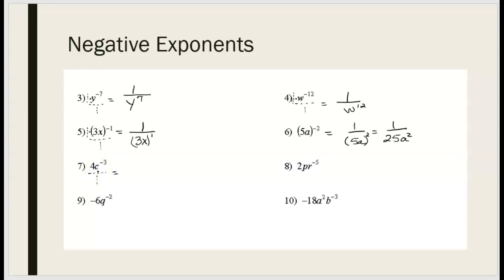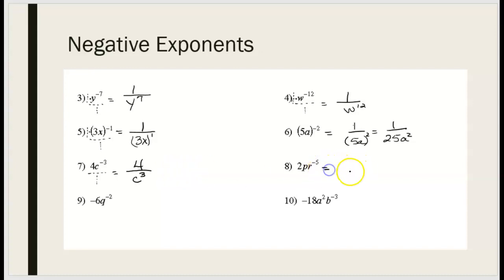It is c and c only. So what this means is my c, the base and its exponent, move to the other level of the fraction. And the 4 is going to stay up top. Why? Because it didn't have a negative exponent assigned to it. So it doesn't have any mathematical reason to move. It's stuck there. It has to stay.